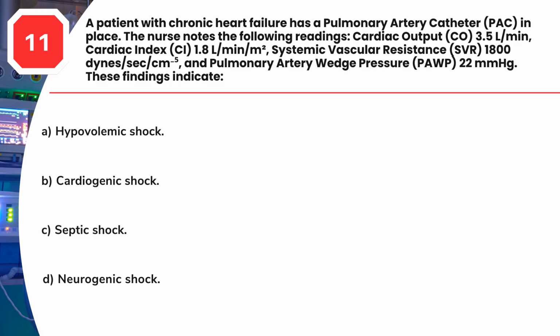Question 11. A patient with chronic heart failure has a pulmonary artery catheter (PAC) in place. The nurse notes the following readings. Cardiac output (CO) 3.5 L/min, cardiac index (CI) 1.8 L/min/m², systemic vascular resistance (SVR) 1800 dynes/sec/cm⁻⁵, and pulmonary artery wedge pressure (PAWP) 22 mmHg.